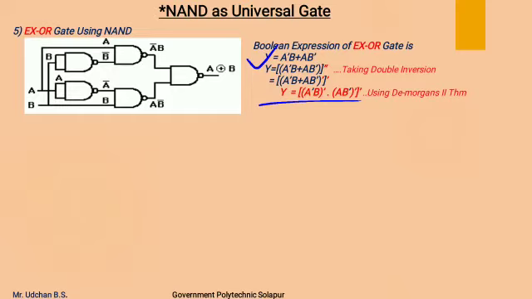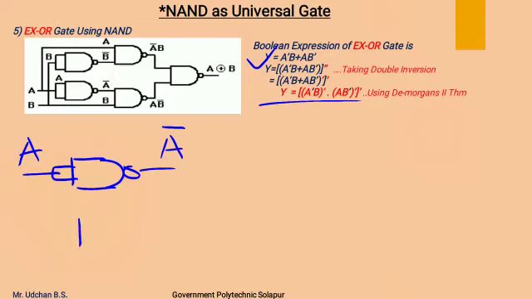So I can get a complement using one NAND gate, NAND as a NOT, which will give you a complement.